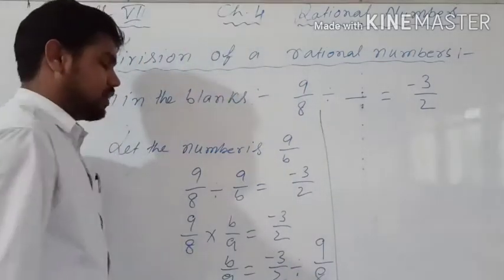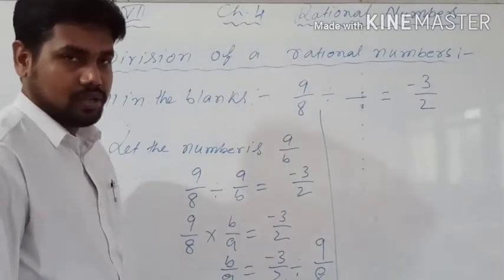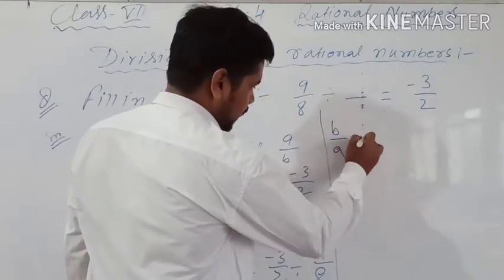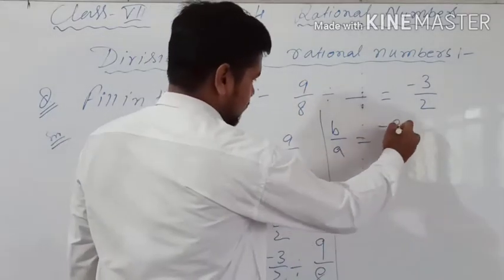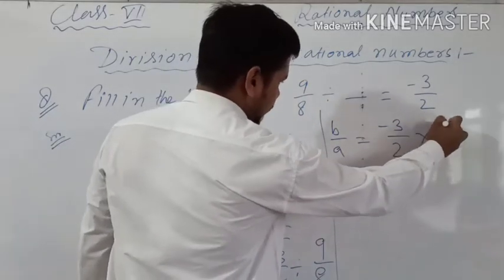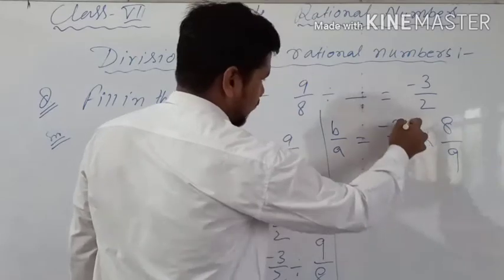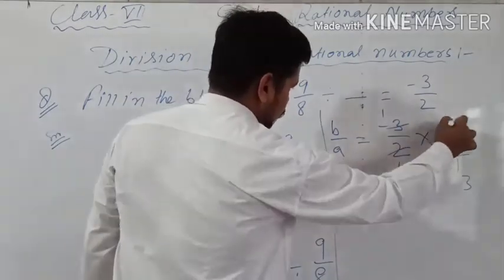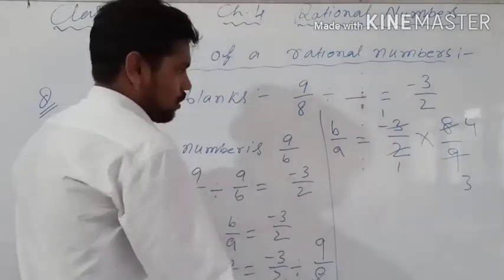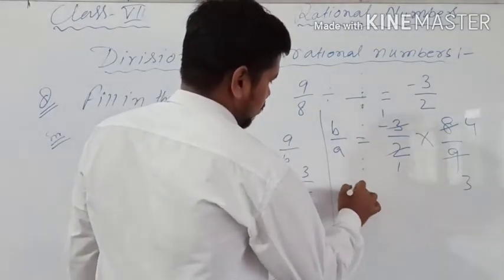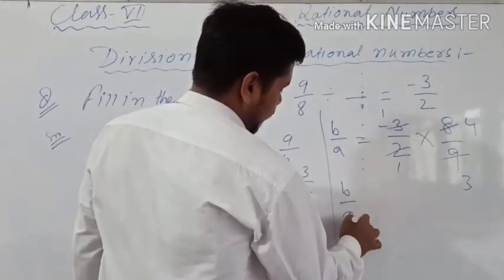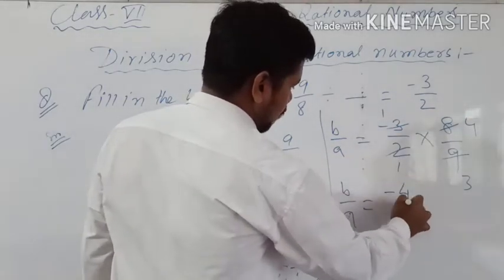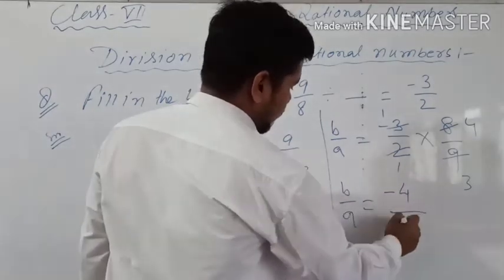Now you need to change this into its reciprocal, that is, the multiplicative inverse. So b divided by a is equal to minus 3 by 2 multiplied by 8 divided by 9. Here 3 ones are 3, 3 threes are 9, 2 ones are 2, 2 fours are 8. So b divided by a is equal to minus 1 multiplied by 4, so minus 4, divided by 1 multiplied by 3, so 3.